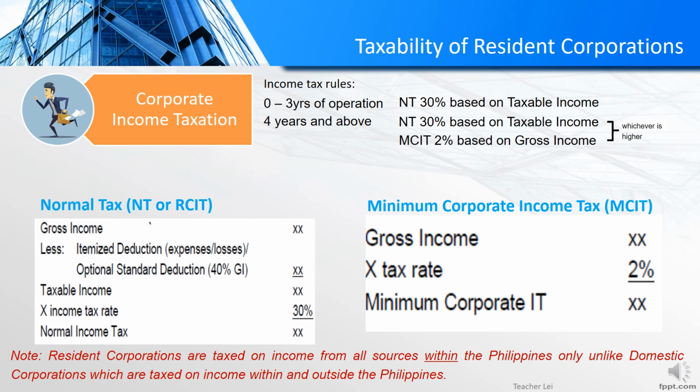Take note that resident corporations are taxed on income from all sources within the Philippines only, unlike domestic corporations, which are taxed on income within and outside the Philippines. So resident corporations are taxed on income from all sources within the Philippines only. Any income earned outside the Philippines are ignored under Philippine income taxation.